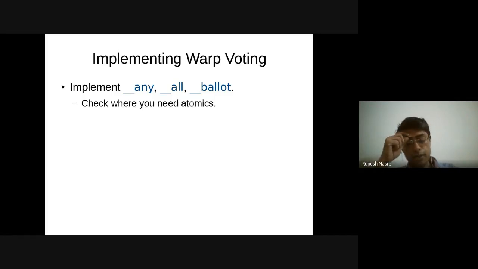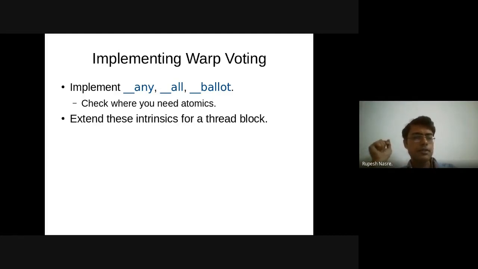Reading from a particular condition might turn out to be okay. But writing the mask will require you some sort of an atomic, right? Because we don't have functions which will set a particular bit, right? So you will require it, although these are all independent bits for 32 threads, right? So think about this offline.